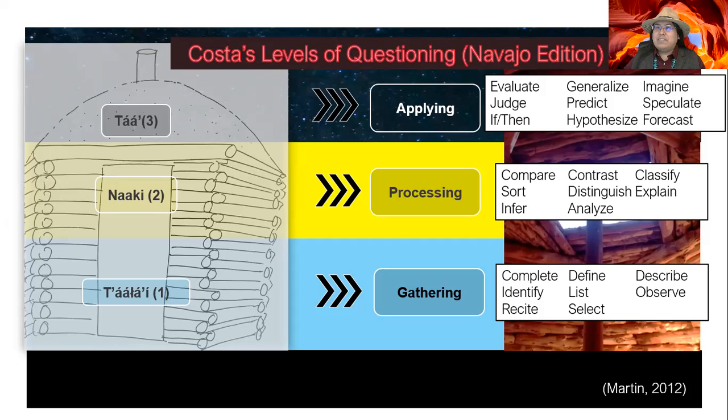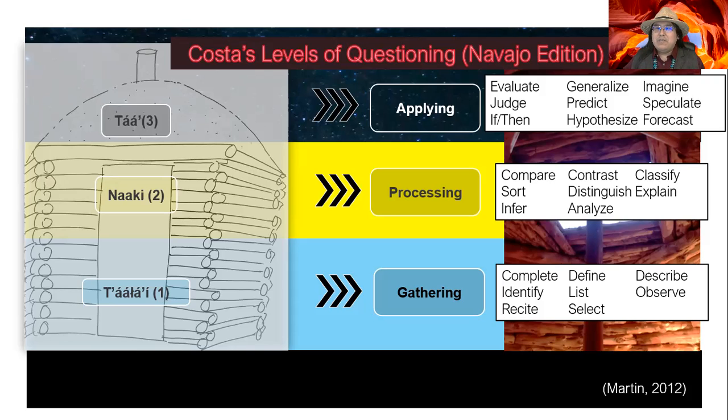And it lets them know too that they're valued. And as a teacher, this brings me joy when I see my fellow coworkers using not only Navajo words, but Navajo iconography, things that are very familiar to them.